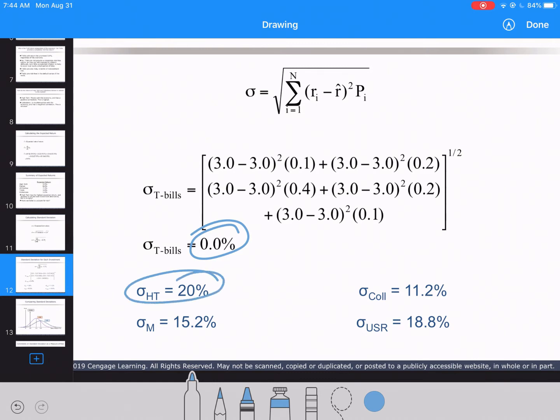I suggest that you do only for high tech and see whether you get to 20%. On your exam, if I give you a standard deviation to calculate, it will not be more than 3 varieties. Like you see here, there are 5 varieties. This is one variety, this is second, third, fourth, and fifth.